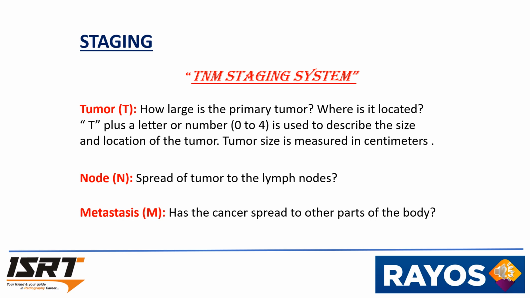Tumor size is measured in centimeters. N denotes node, where the spread of tumor to the lymph nodes can be specified. M is metastasis, whether there is cancer spread to other parts of the body.